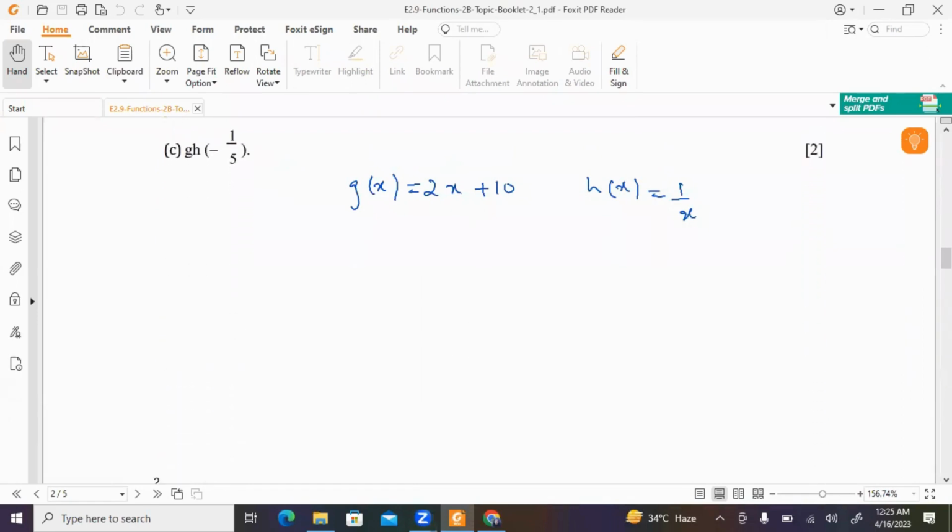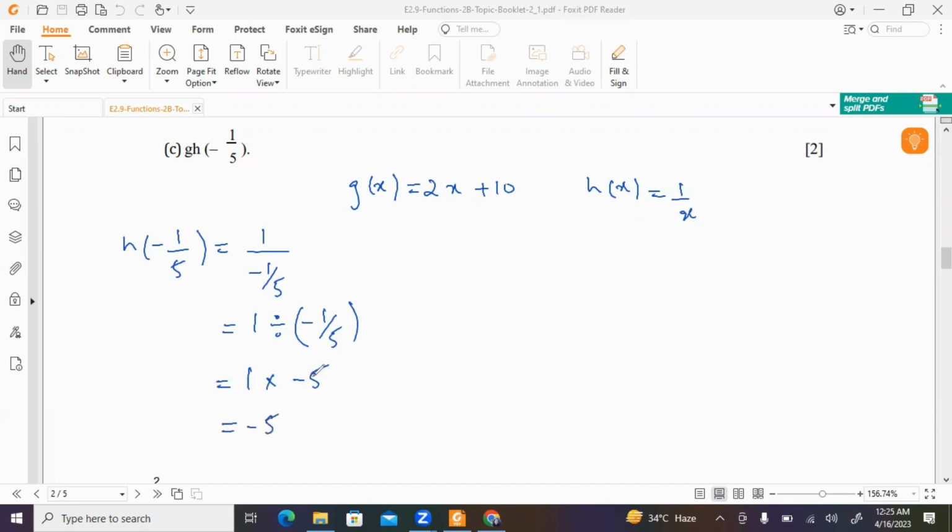First we find h of negative 1 over 5. h of negative 1 over 5 would be 1 over negative 1 over 5, which can be rewritten as 1 divided by negative 1 over 5. Take the reciprocal, so it's going to be 1 times negative 5. So negative 5 is h of negative 1 over 5.